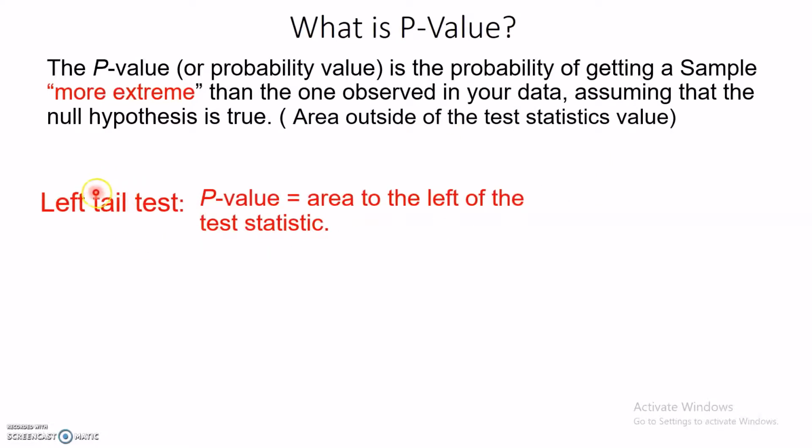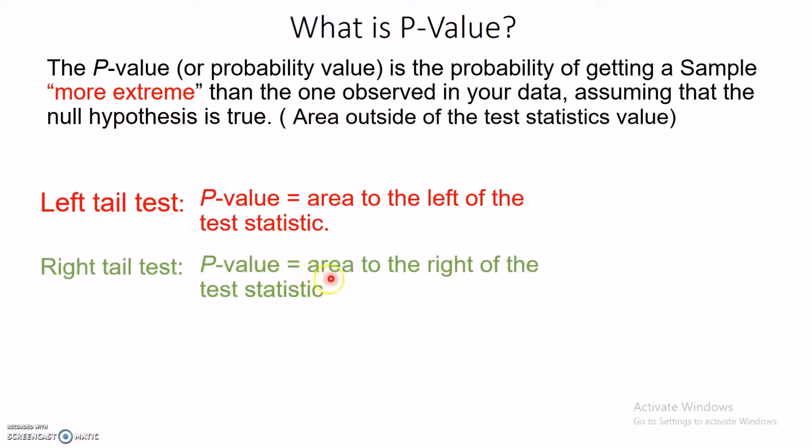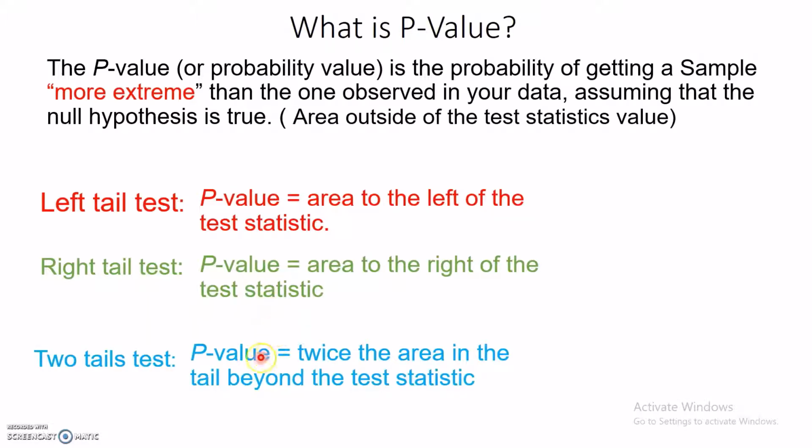Let's see that. It all depends upon what type of test we are using. If it's a left tail test, the p-value is the area to the left of the test statistic. If it's a right tail test, the p-value is the area to the right of the test statistic. And if it's a two-tail test, the p-value is twice the area in the tail beyond the test statistic.